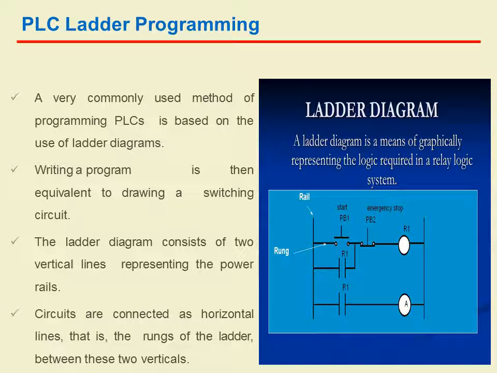Circuits are connected as horizontal lines, that is the rungs of the ladder, between these two vertical lines. The vertical lines are known as power rails and the horizontal lines are known as rungs. Whatever input output devices are there are connected in these rungs.